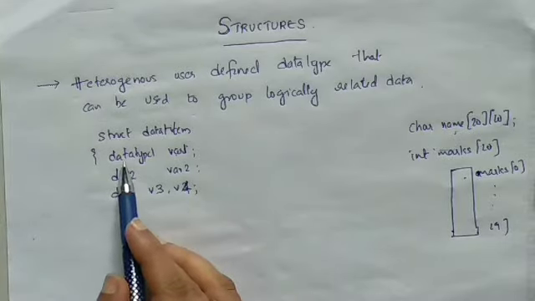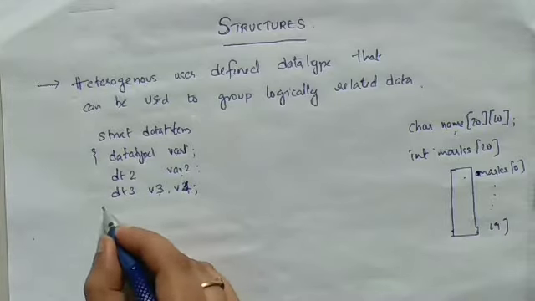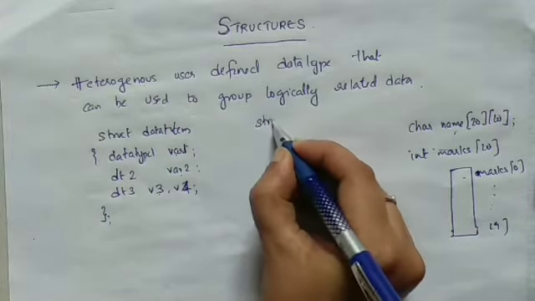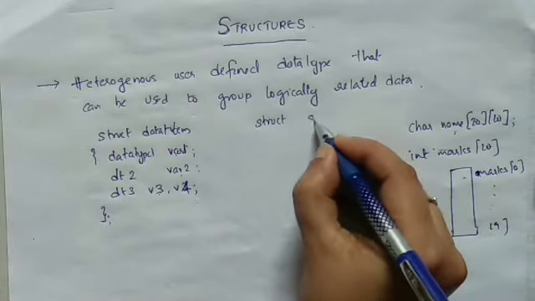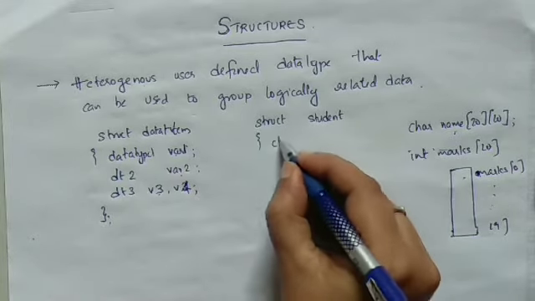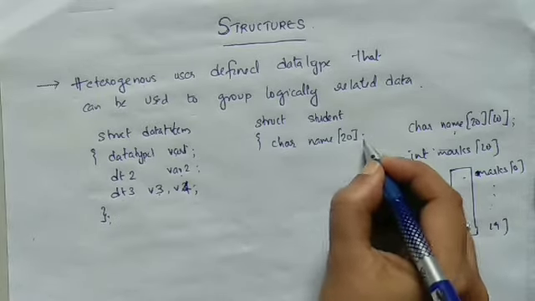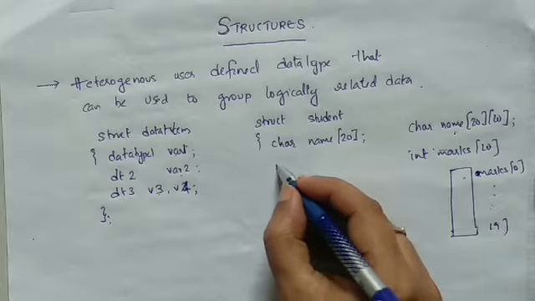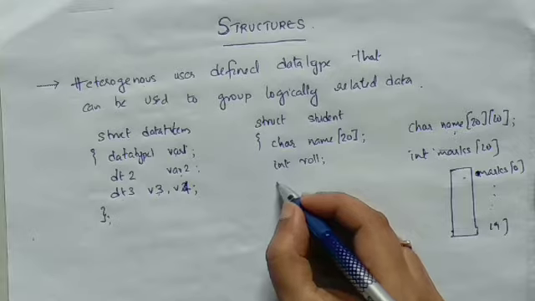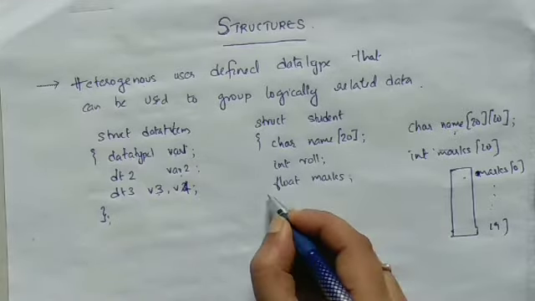Variable 1 is maybe integer, variable 2 character, v3 and v4 can be float, like that. Close the brace, semicolon. You are declaring a structure student. Struct is the keyword, student is the structure name. Name is of character, roll number is integer, marks is float.